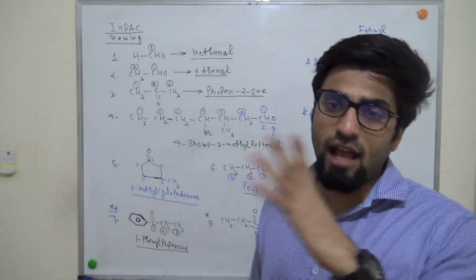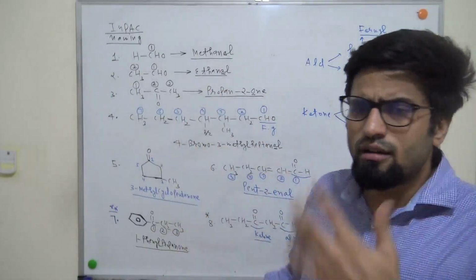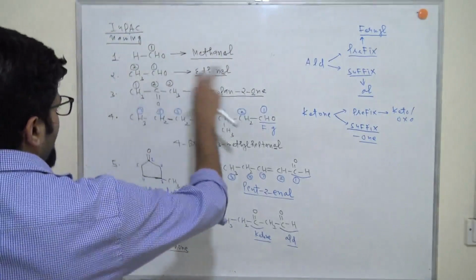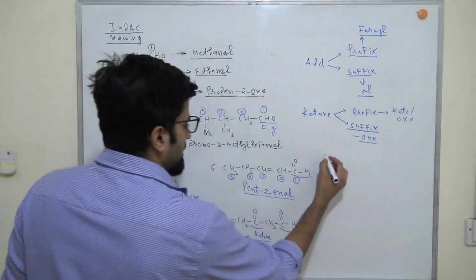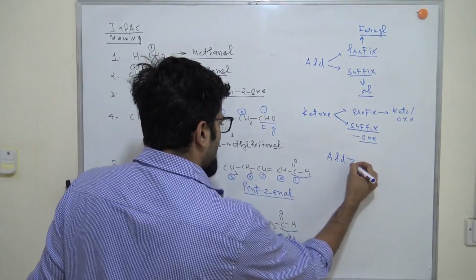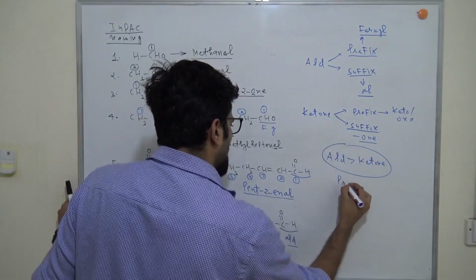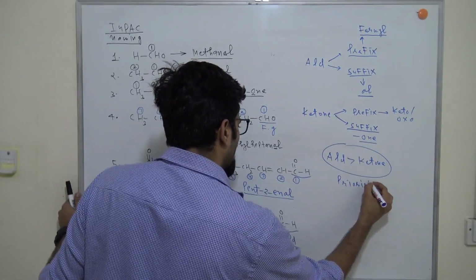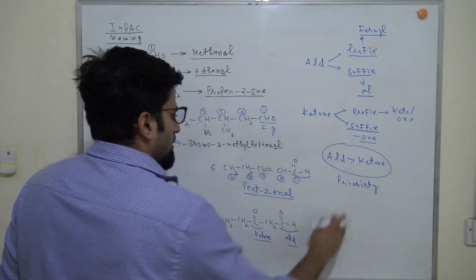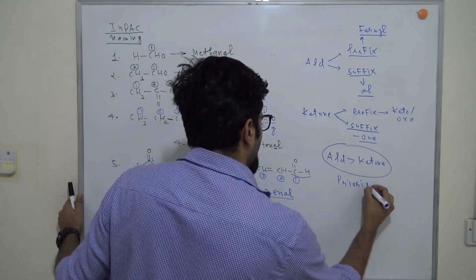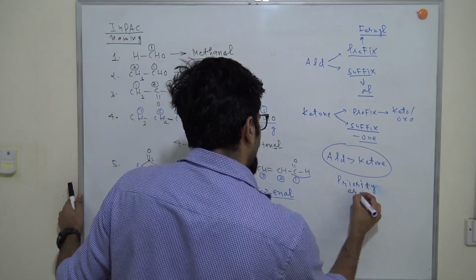Maximum priority is for acid. The table is too long, so right now I'm just telling you the priority order for aldehyde and ketones: aldehyde gets more priority over ketone.